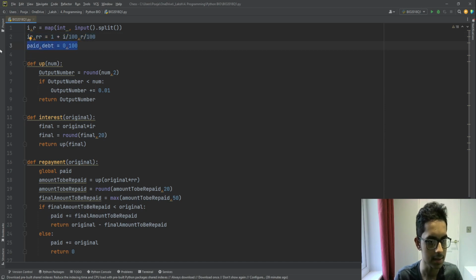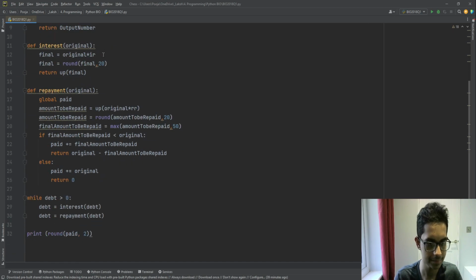And I also initialize these global variables, paid and debt. Paid representing the amount which has been paid, obviously, and debt again representing the amount of debt which the person currently has.